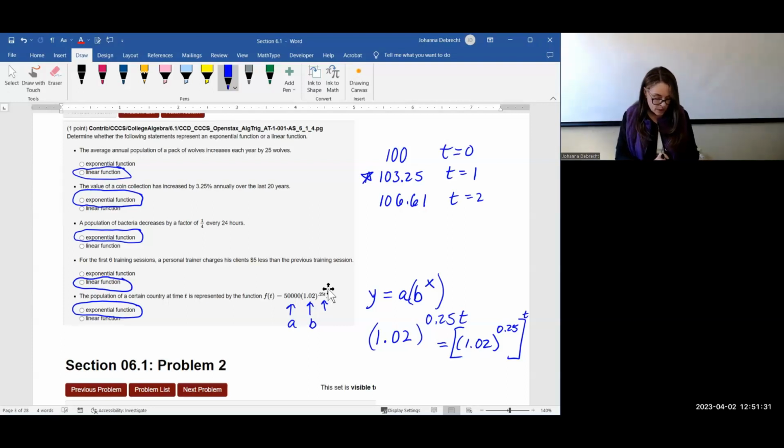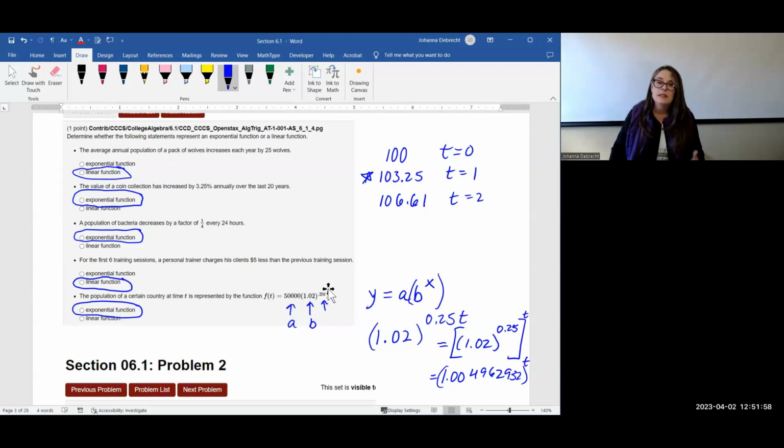So then we would have 1.02 raised to the 0.25, which, well, it's a really long number, but this would give me 1.004962932 raised to the t. Okay? These would have exactly the same graph. But again, typically we leave it in the original form.